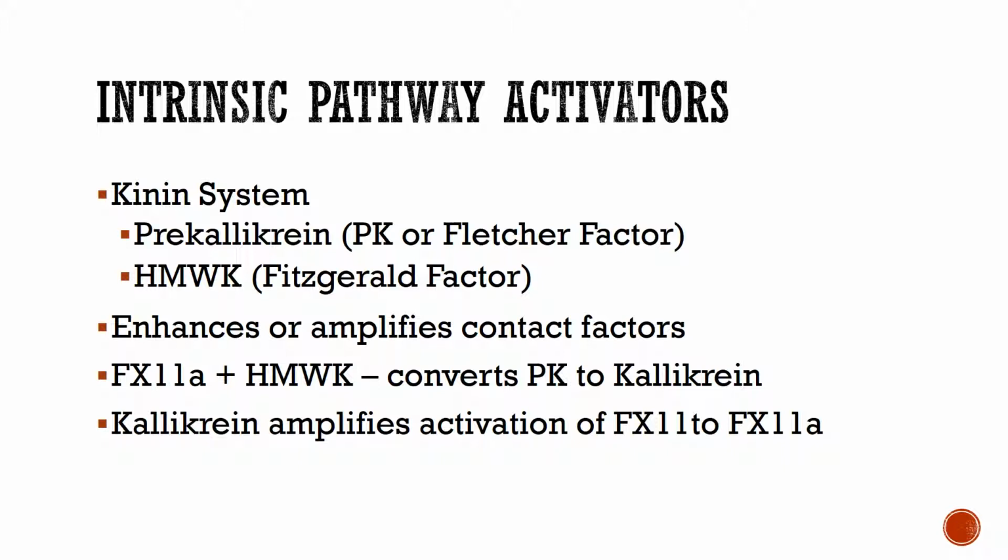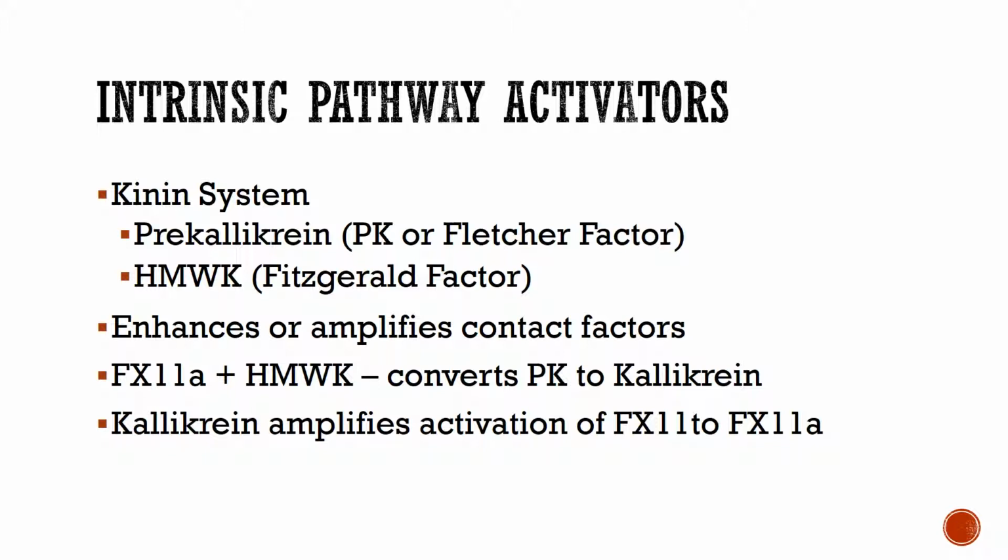We'll continue talking about intrinsic pathway activators. So we have the kinin system, and it's made up of prekallikrein, which is sometimes indicated with a PK or called the Fletcher factor. We have the high molecular weight kininogen, or the Fitzgerald factor, and both of these enhance or amplify your other contact factors.